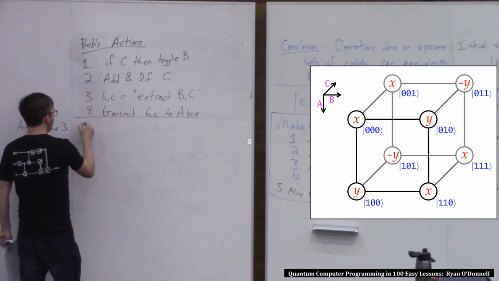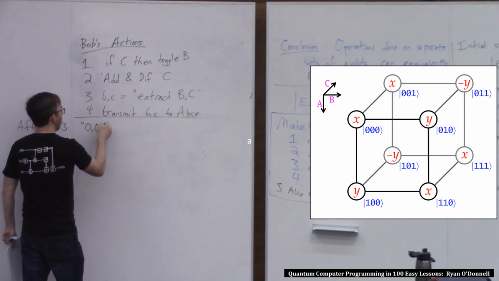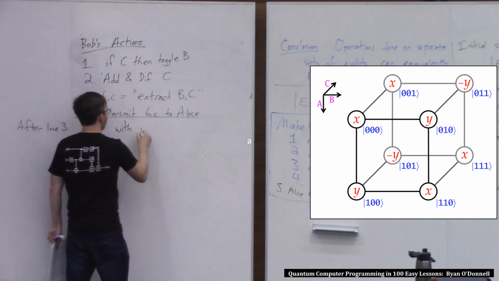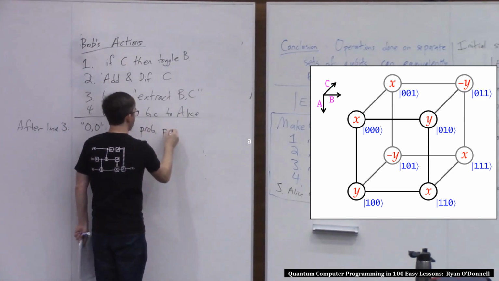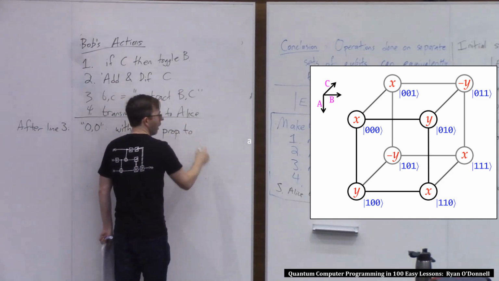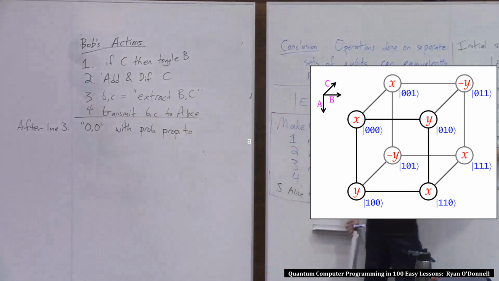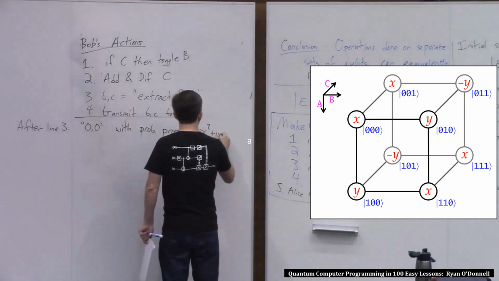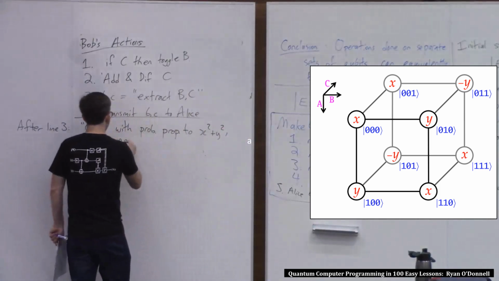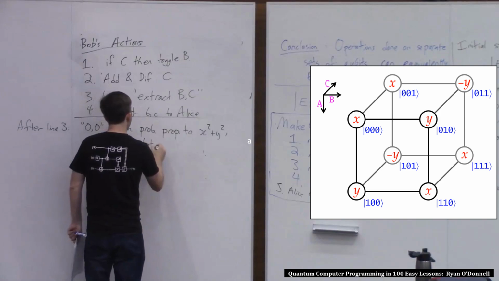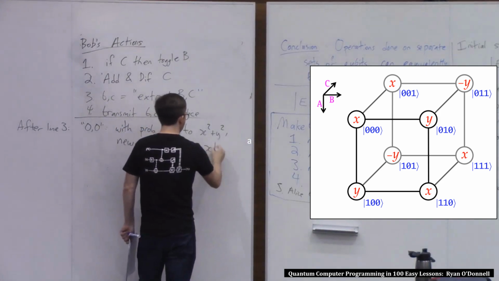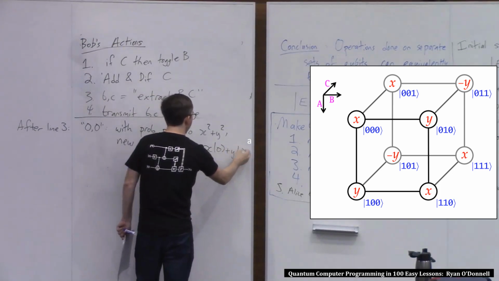So after line 3, we see the outcome 0, 0 for BC with probability proportional to, well, this is the 0, 0 edge, so that's x squared plus y squared. And the new state of A is just x ket 0 plus y ket 1.